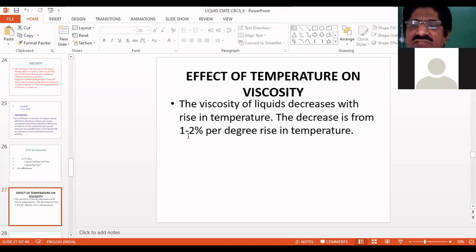As you increase the temperature more and more, the viscosity of the liquid will decrease in the same ratio. Therefore, in general, it was observed that the rate of decrease of viscosity with temperature is 1 to 2% per degree rise in temperature.